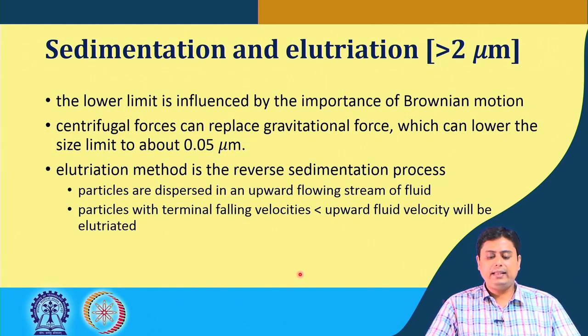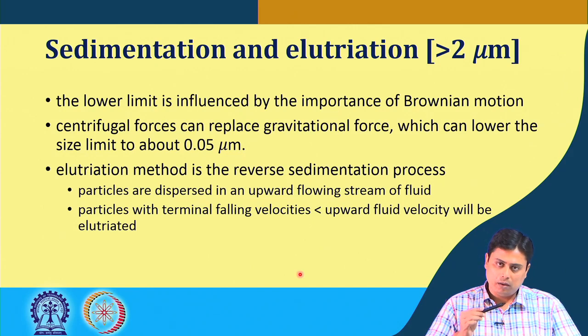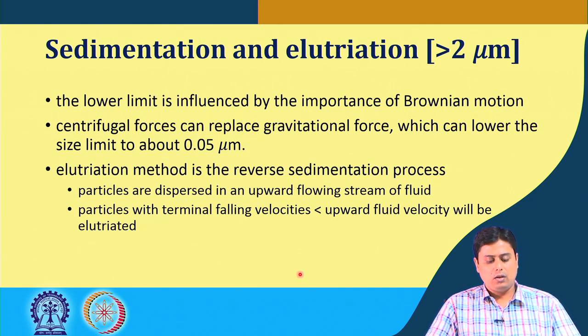Elutriation is basically the reverse of this sedimentation process, where particles are dispersed in an upward flowing stream of fluid. In sedimentation the particles were moving from top to bottom, but in elutriation they move from bottom to top, and the particles which have a terminal falling velocity lesser than the upward fluid velocity will be carried away by that flowing stream, or elutriated.